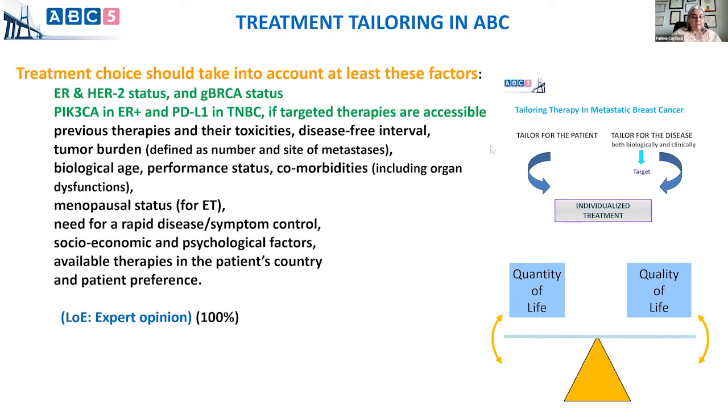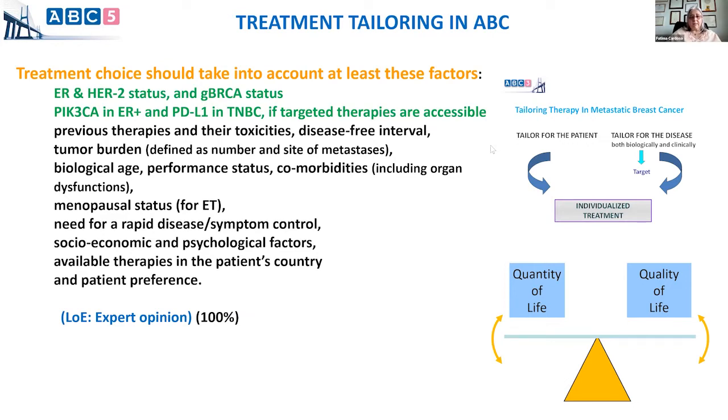They can be 70 and very fit. And so age by itself should not make us be more aggressive or less aggressive in the type of treatment, but we should take into account what we call performance status and comorbidities. That means other diseases that you may or may not have when you have the disease.